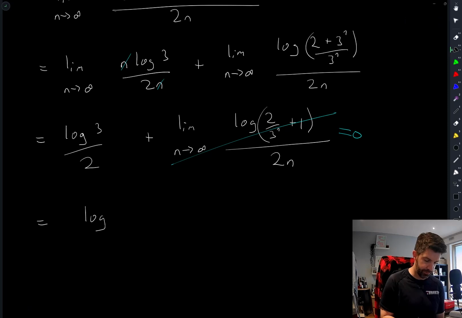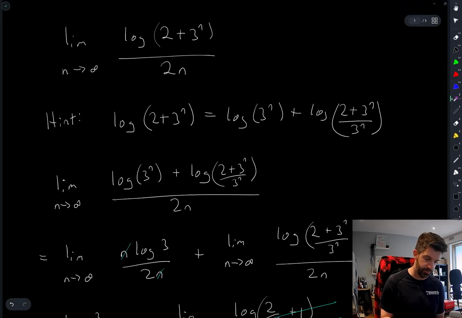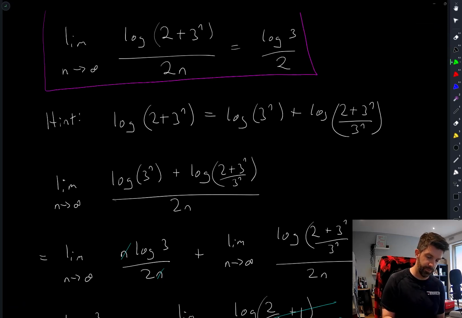So at the end of this, I get log 3 divided by 2. That's the value of the original limit. Yeah, it should have been somewhat obvious from the beginning, given that logarithms and exponentials are inverses of each other.